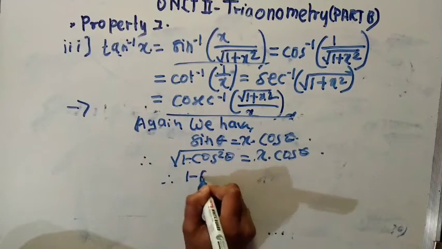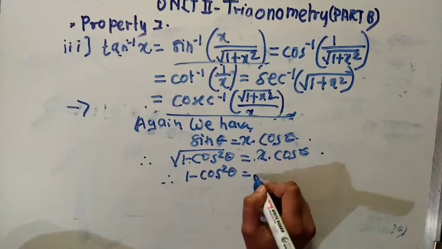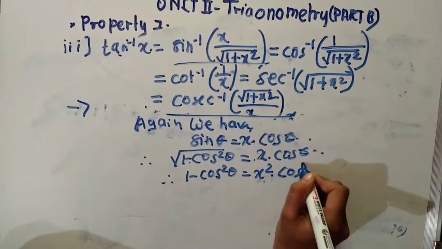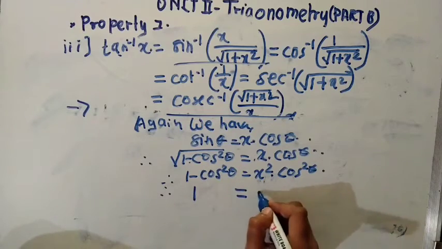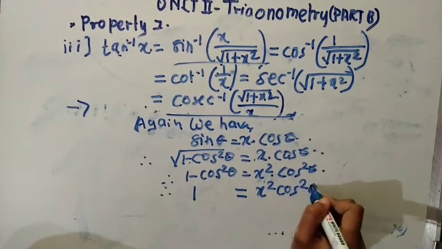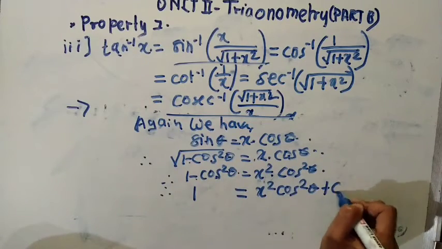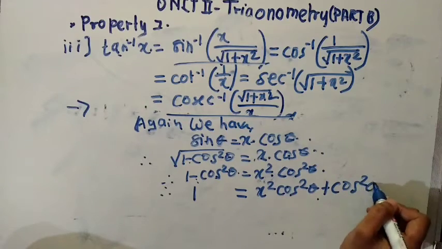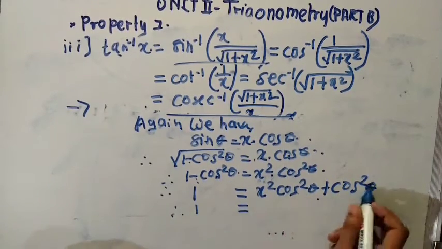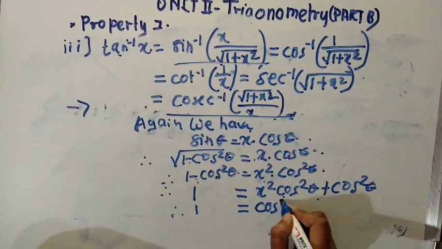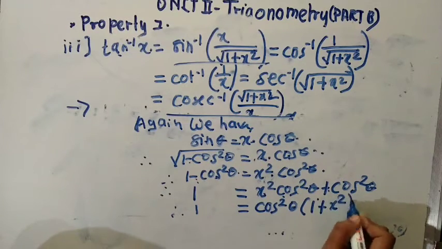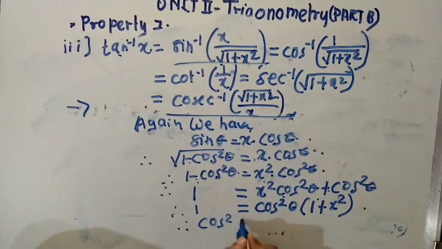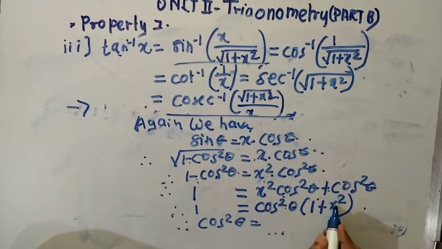Hence squaring, 1 minus cos square theta is equal to x square into cos square theta. Hence 1 is equal to x square cos square theta plus cos square theta. The minus sign goes to the other side and becomes plus cos square theta. Common in both is cos square theta in bracket 1 plus x square. Hence cos square theta is equal to 1 upon 1 plus x square.